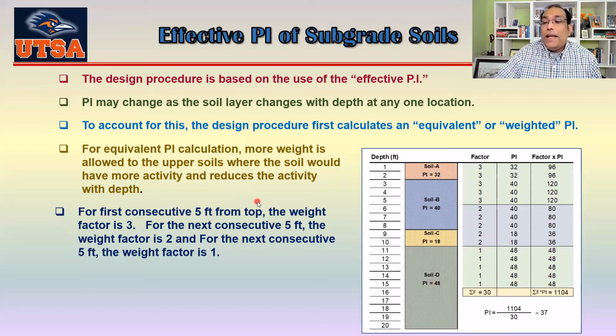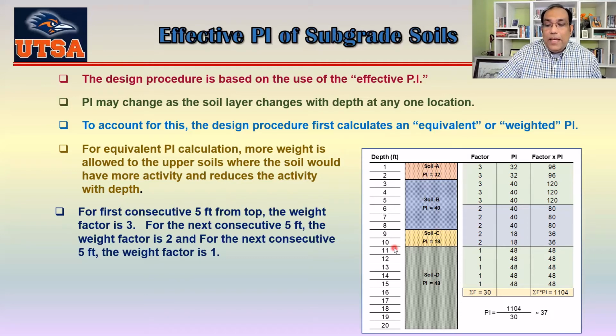And then try to find the weighted PI. Now you can see here, this is a soil profile, which has PI 32 for soil A, extending from the surface to 2 feet. From 2 feet to 8 feet, they have soil B, which has a PI of 40. And then from 9 to 10 feet, we have soil C, which has a PI of 18.